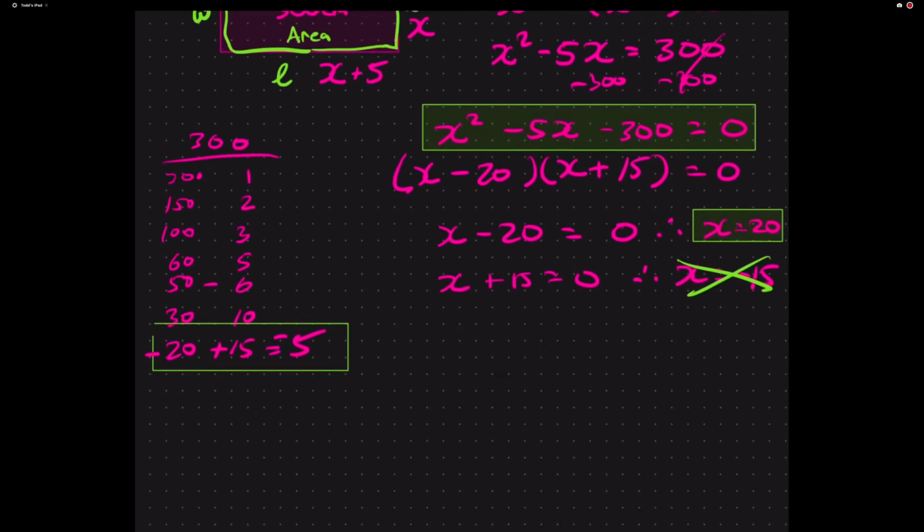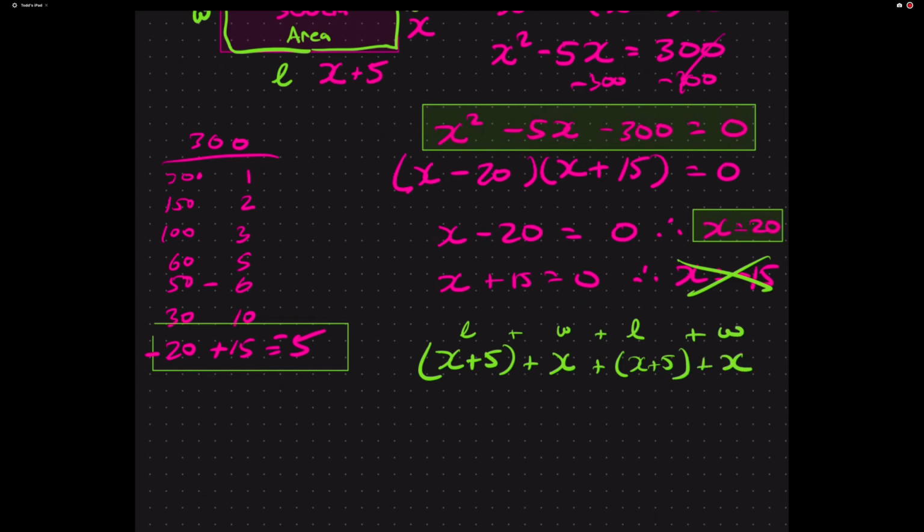So essentially what we've got is x plus 5, which is our length, plus our width, x, plus another length, which is x plus 5, and plus another width, which is x.